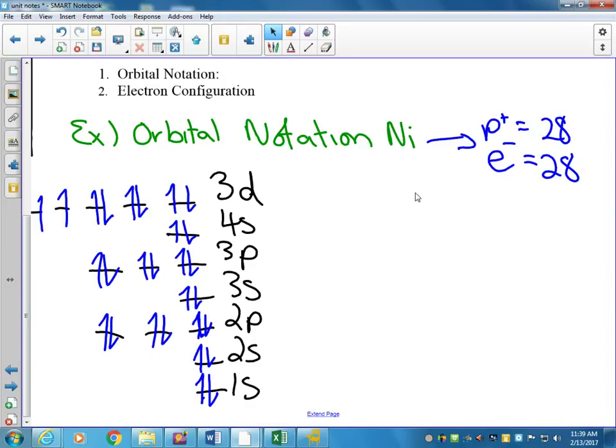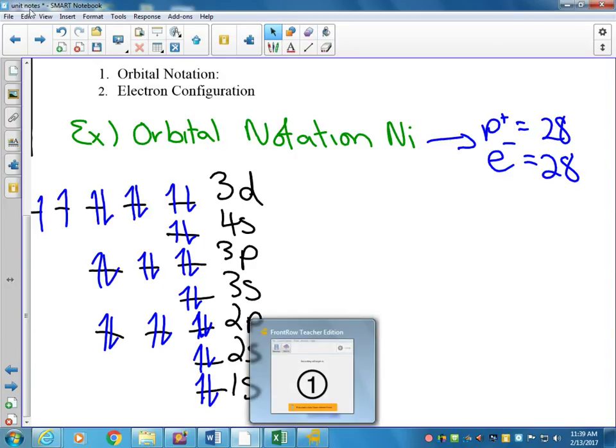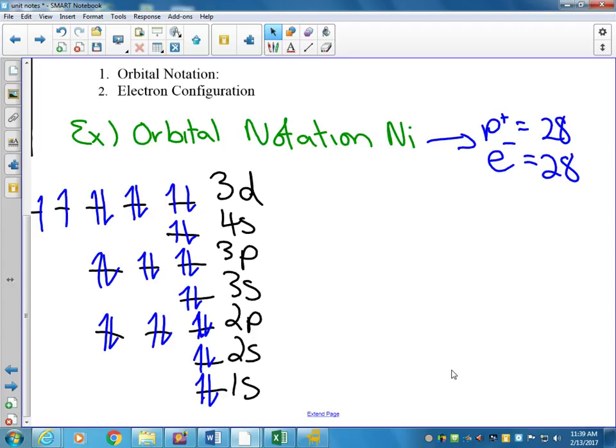Now, this is called orbital notation. I am not a great fan of orbital notation because it's long. I like things to be short and concise. This is really nice, we can view it, but I like something called electron configuration.